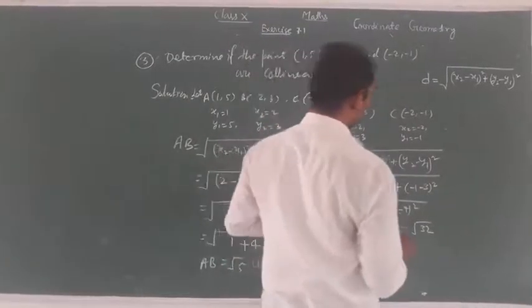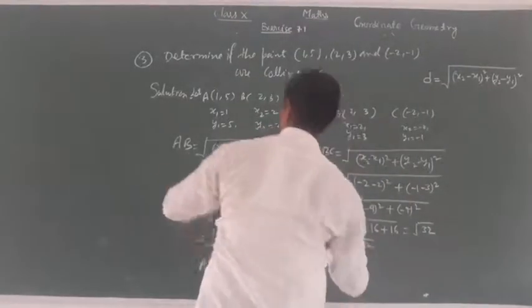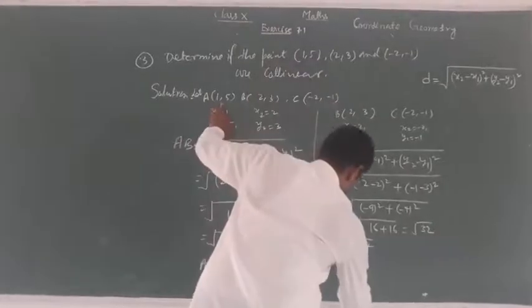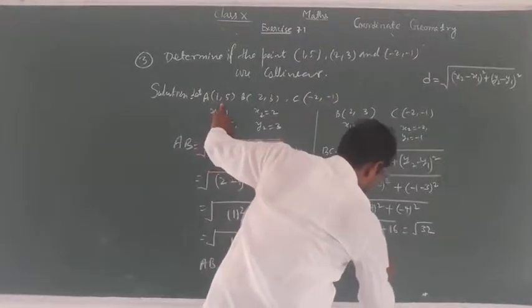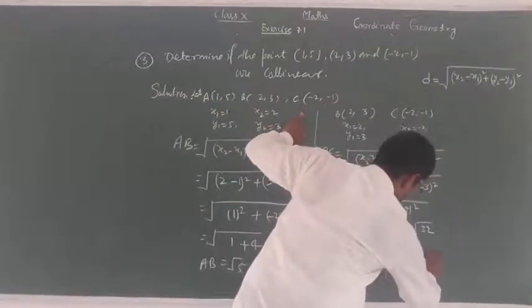And also this AC: A is (1, 5) and C is (-2, -1).